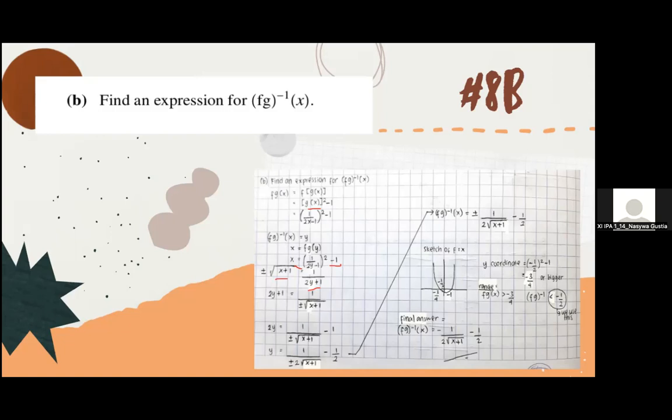So y equals to 1 over plus minus 2 square rooted x plus 1 minus 1 over 2, sorry. Yes. And then we can change the y back to f g inverse of x.